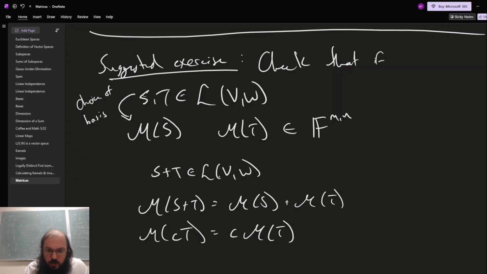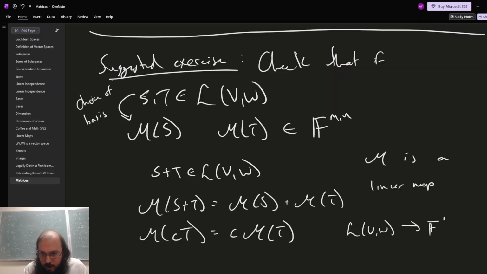Once you've done this, you'll actually have proven that M is itself a linear map. What are the vector spaces? It's a linear map from L(V,W) to F^(m,n). And the stuff that I've been saying is very close to saying that this linear map is an isomorphism. But we haven't talked about isomorphisms yet.